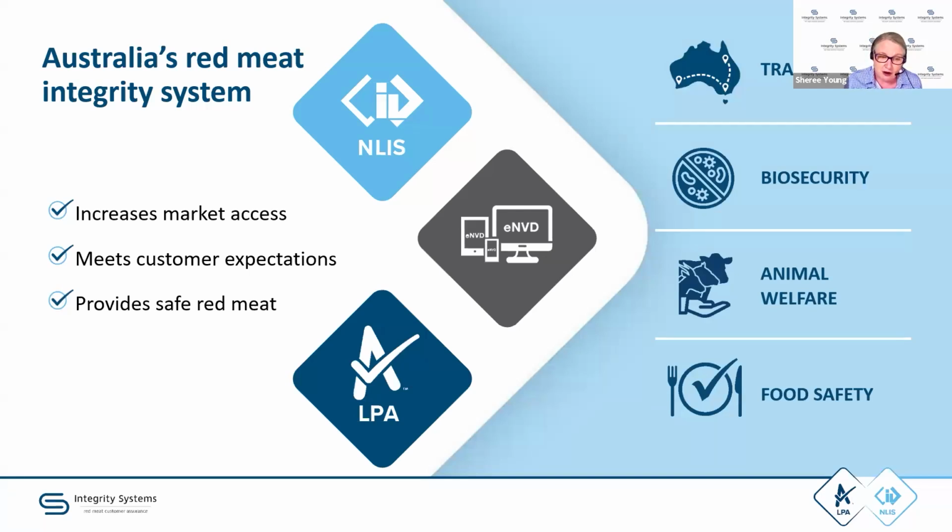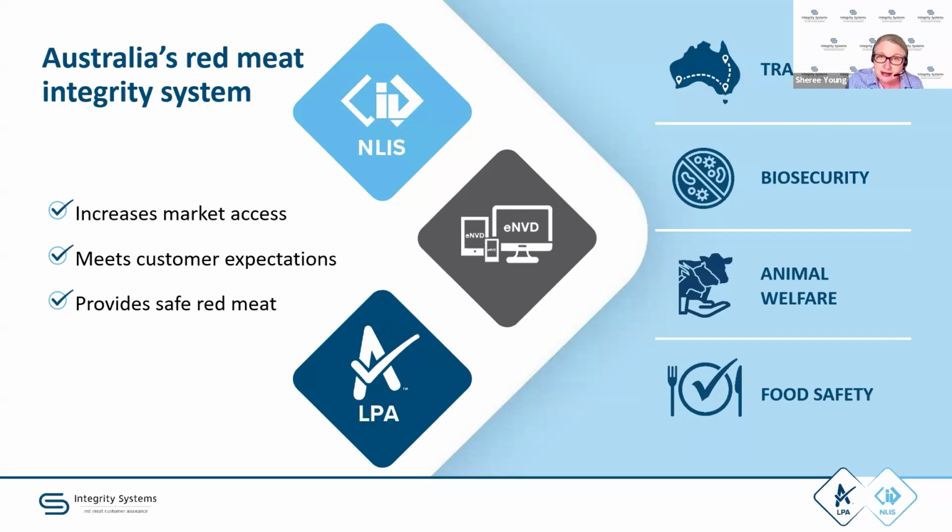All animals are identified with an accredited NLIS tag or device from their property of birth, and as the animals are bought and sold and moved along the supply chain, all of that movement data needs to be updated into the NLIS. Using this information, we're able to provide a life history of that animal's movements. This system greatly enhances our ability to track livestock during a disease outbreak or a food safety incident, and it is underpinned by state and territory legislation. So it's just one of those things that has to be done.